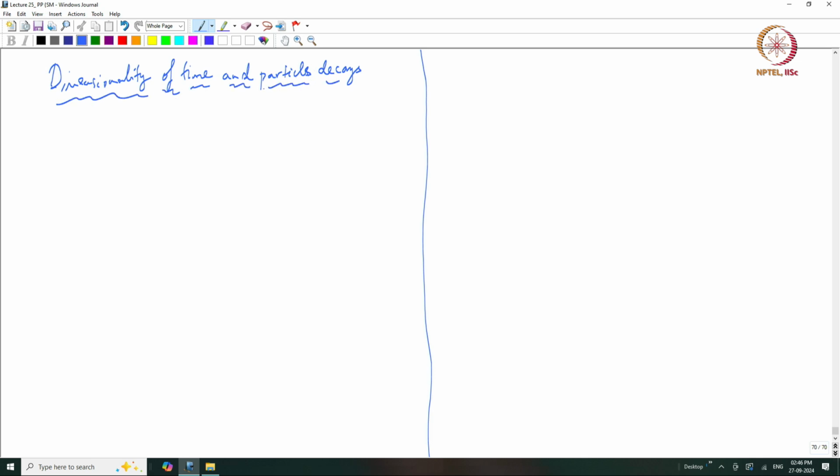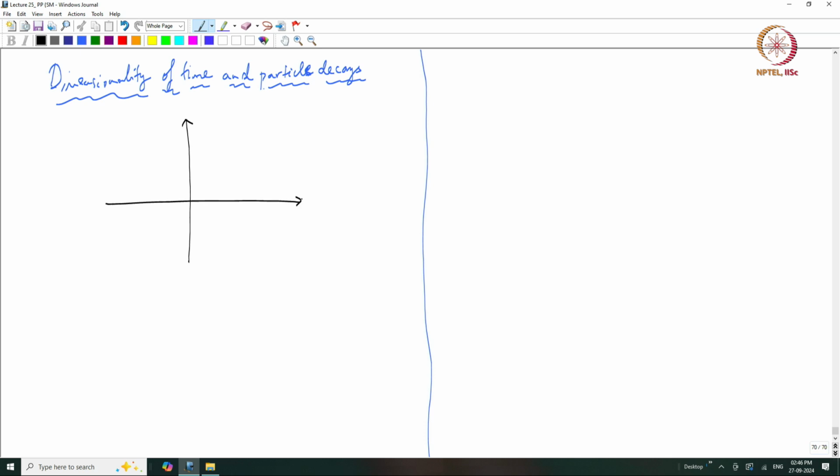Okay, the fact that we have only one dimension of time is very deeply related to a property of particle decays. Let us begin the discussion with the following observation. I am going to draw a space-time diagram.